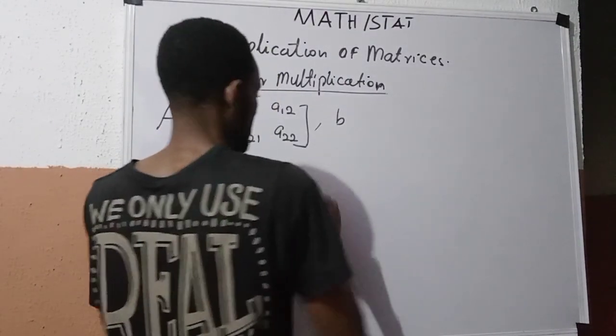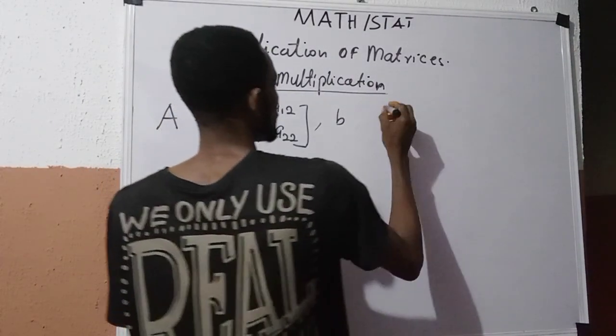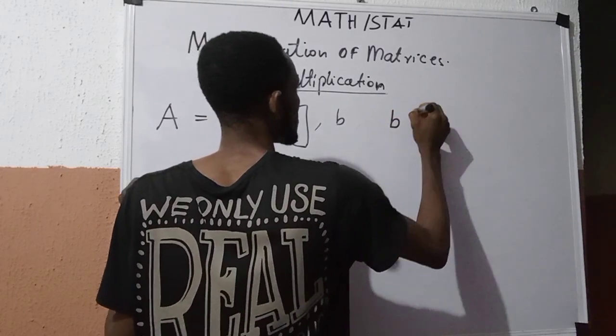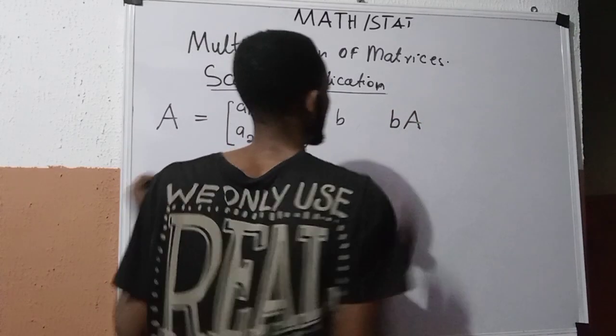We are looking at scalar multiplication, the matrix A multiplied by B, that is BA.